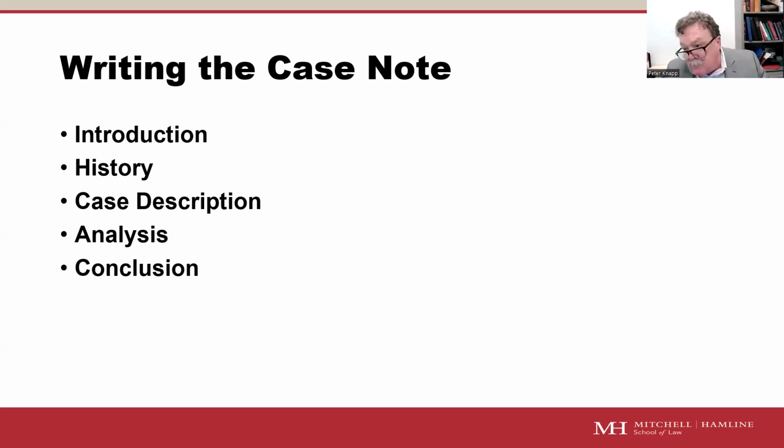Your job is to report on the case thoughtfully and contextually, and for purposes of your case description, attentive to both the facts that are helpful and harmful to the majority opinion or the dissent.